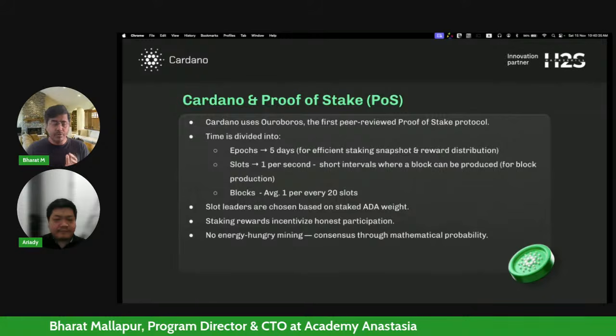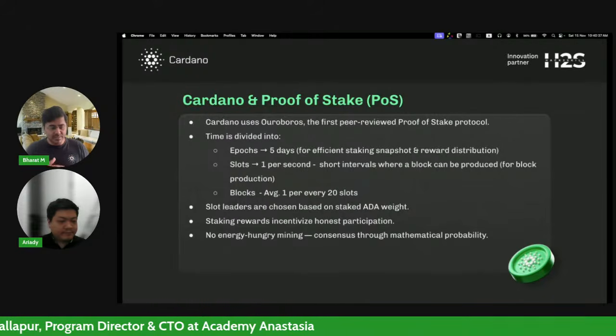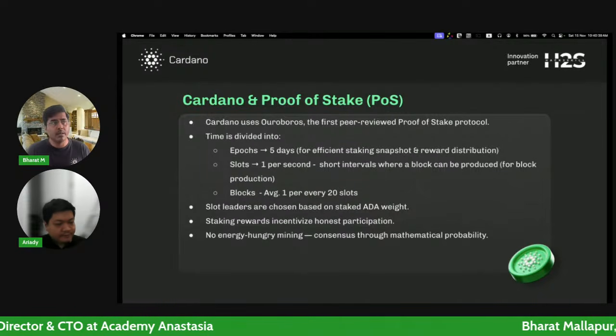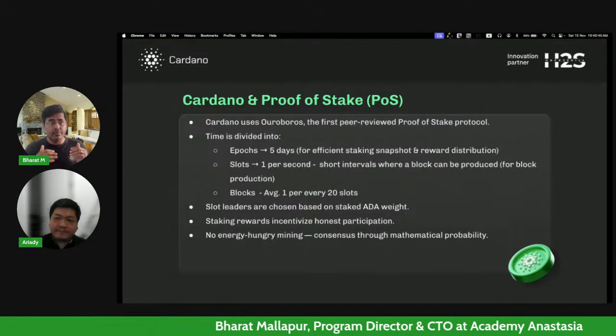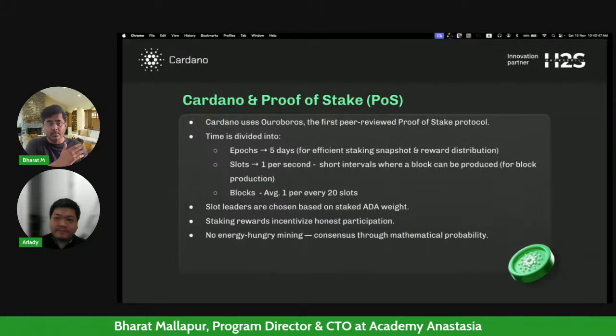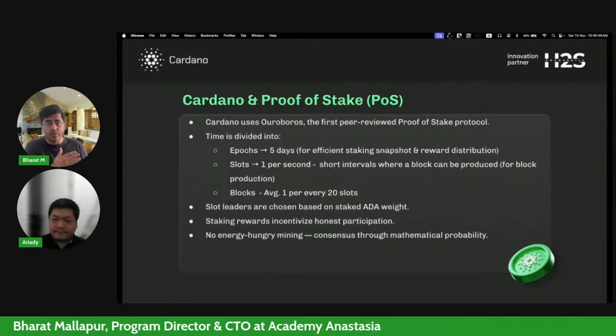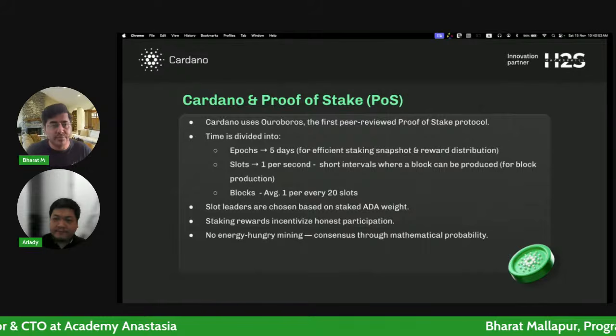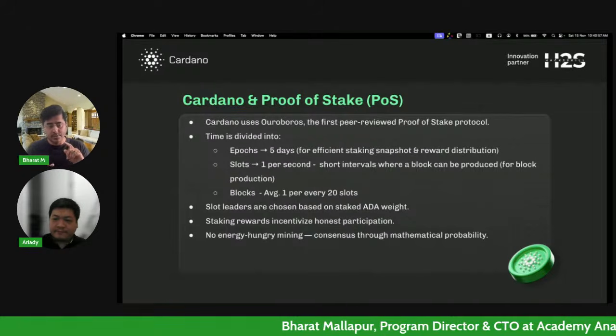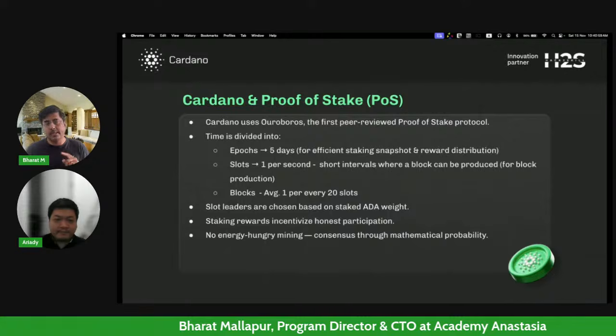But most of the protocols out there don't have a mathematically validated, peer-reviewed design, that is, reviewed by academia, experts in distributed systems, networking, etc. That kind of review has not happened for their protocol. Whereas for Cardano, it is mathematically validatable and it is peer-reviewed.